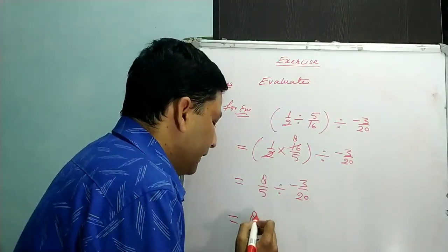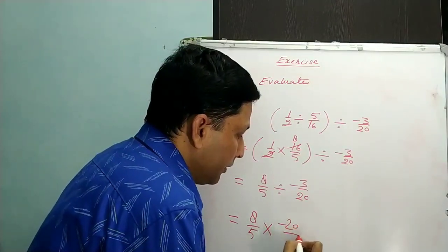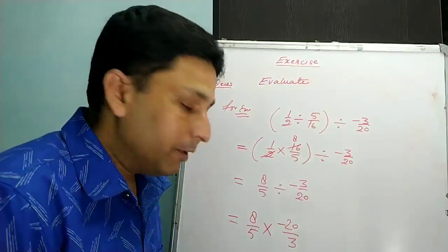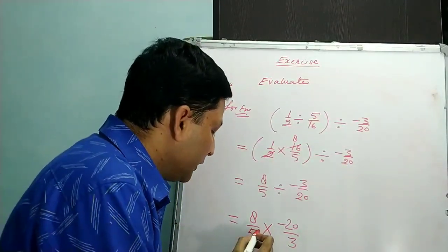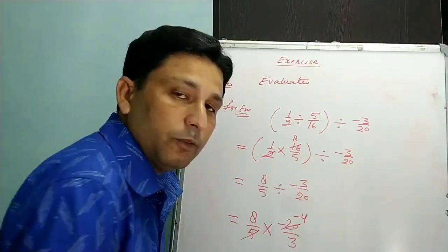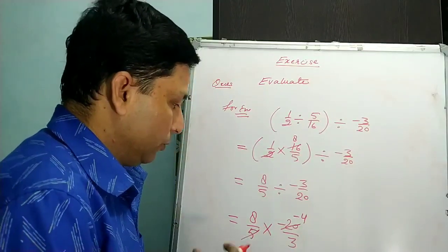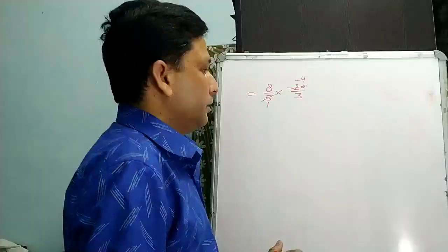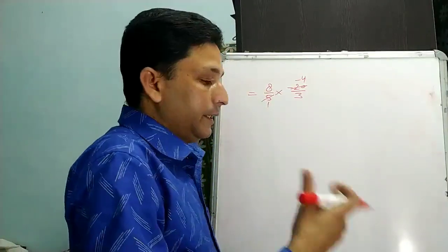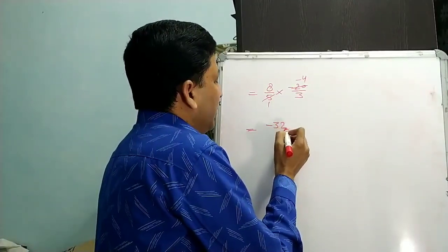So here we will write 8 upon 5 multiply by minus 20 upon 3, and here you can see that minus 20 can be divided by 5 for 4 times, so here we will divide to each other, minus 4. Now there is no number that can be divided to each other, so here we will do the multiply only, that is 8 multiply by minus 4, we will get minus 32 upon 3 ones are 3.